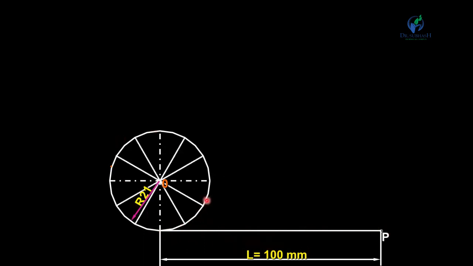Now divide this circle into 12 divisions, 1 to 12 parts. Now we have to divide this line into 12 parts, where one part is S. S is the length of one part and is given by 2 pi r by 12.